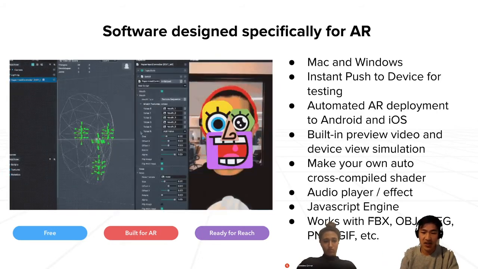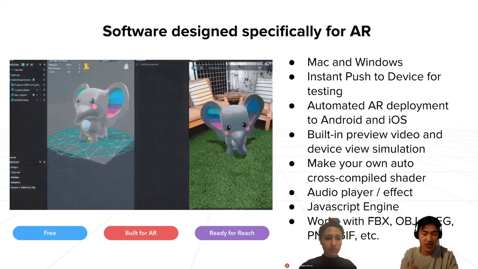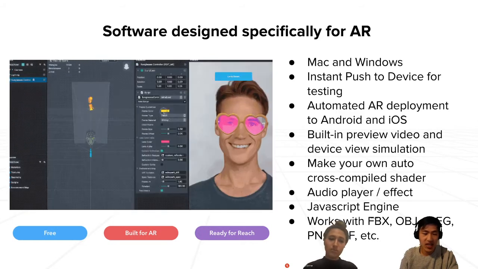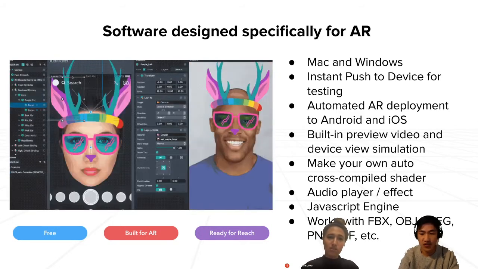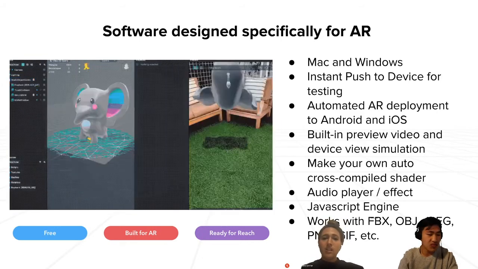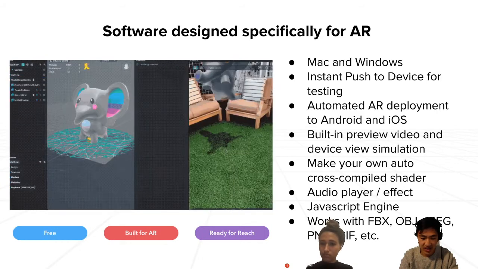Lens Studio will take care of that for you. We also have our own shader system, which you can make with the Node Graph Editor, a node-based editor. That allows you to basically code without coding. There's a lot of different things in play, and you can play with audio and modify the voice. We'll get to a lot of this in a couple seconds.